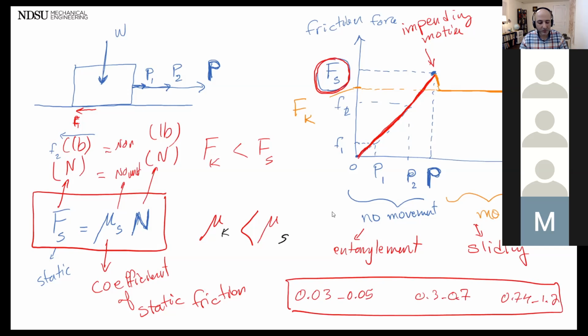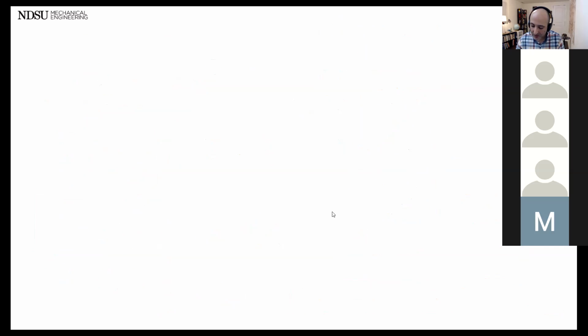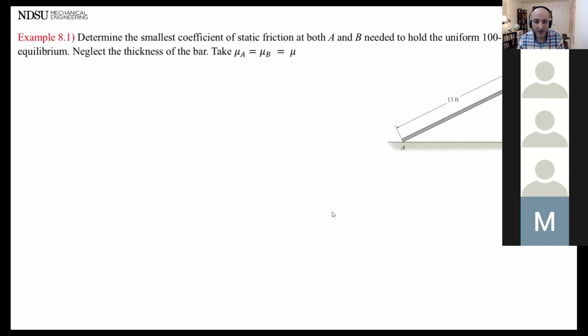Okay, I think we're ready to do a problem. Let me see which one we can do. Let's do a simple one. I don't know if we can finish it, but we can get the free body diagram done. Same as any other equilibrium problem, step one is the free body diagram.